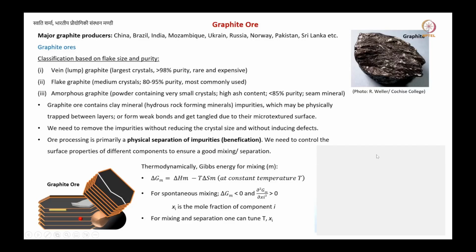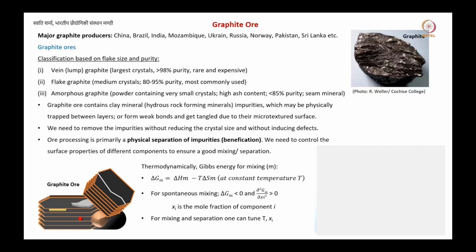So the major one, graphite. This is a very exotic material that we use in our day-to-day life in various applications. The important thing is, if you have something very important, you should know where it is coming from, what the origin of that material is.